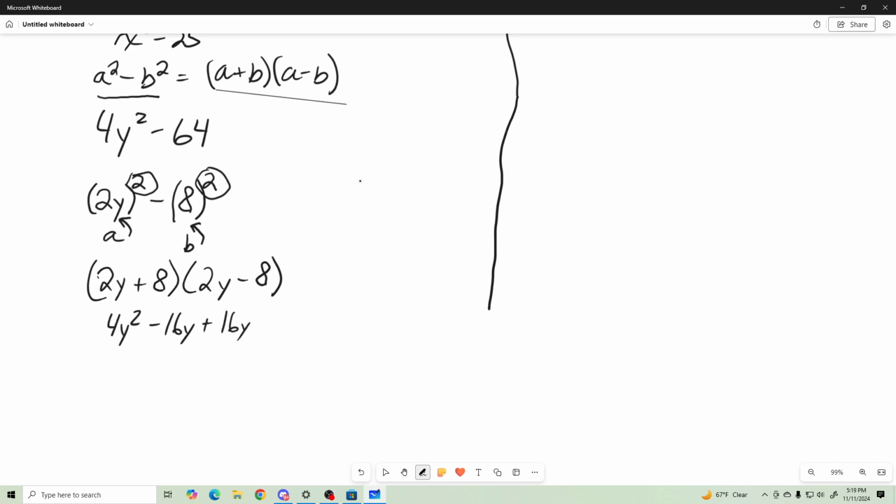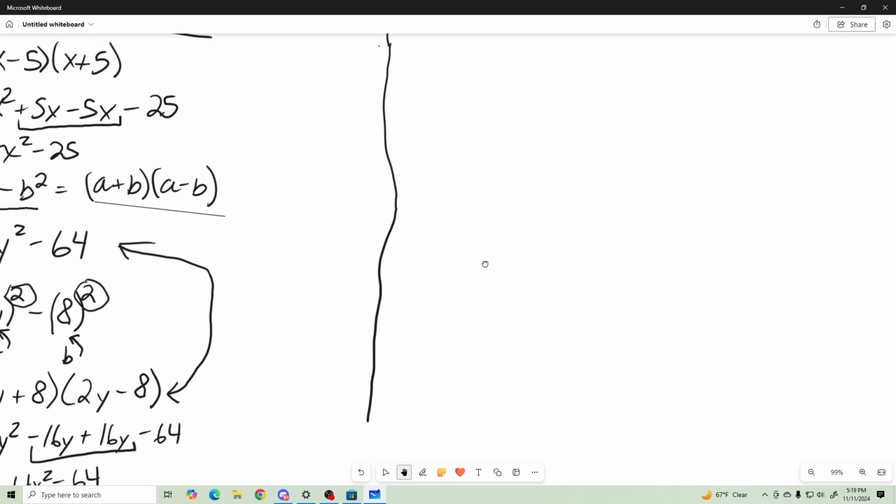And then 8 times negative 8 is negative 64. And of course, just like always, these middle terms cancel out, and we get 4y squared minus 64. So it does work. So if you want to factor this piece right here, it's going to turn into the set of binomials down here using difference of squares.